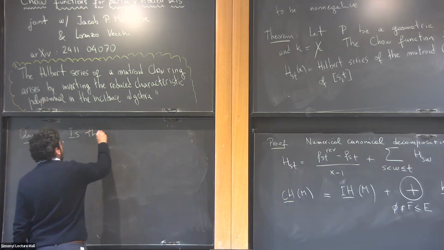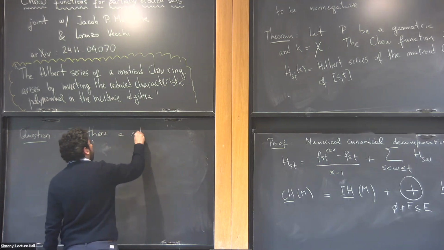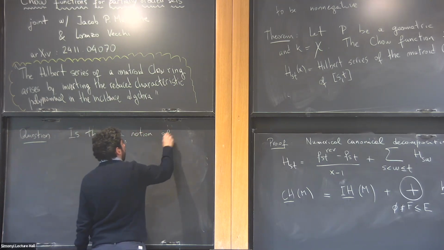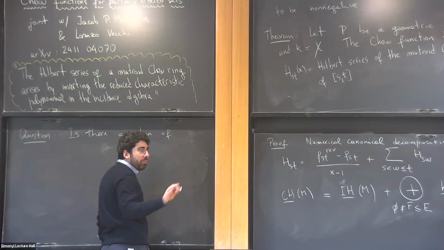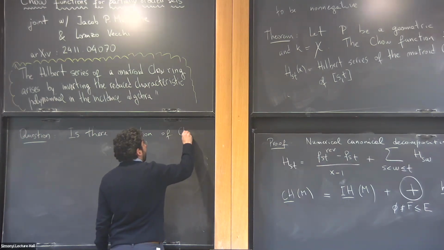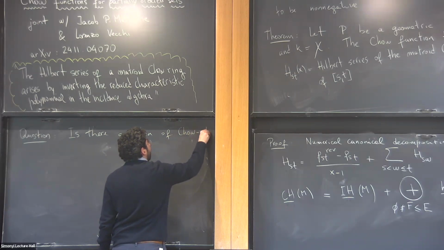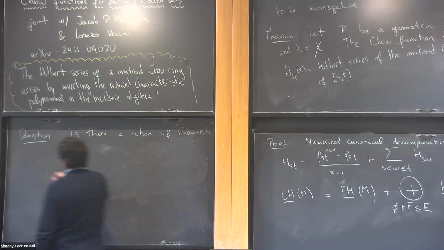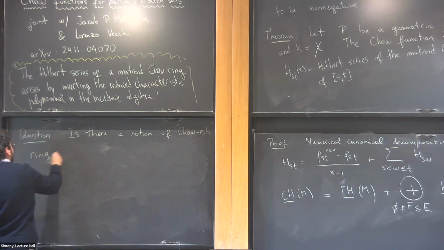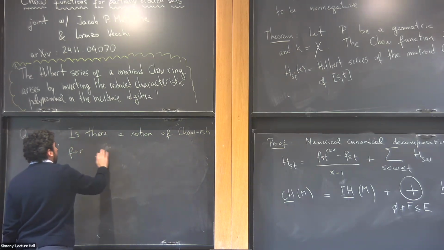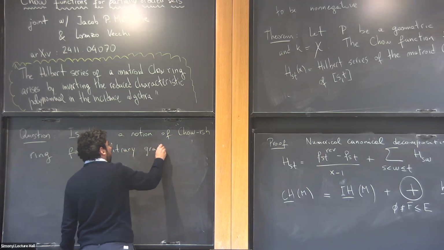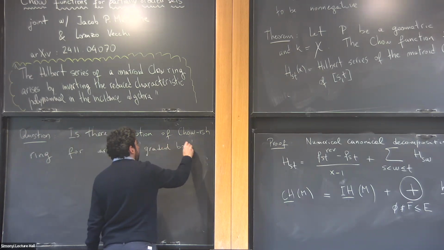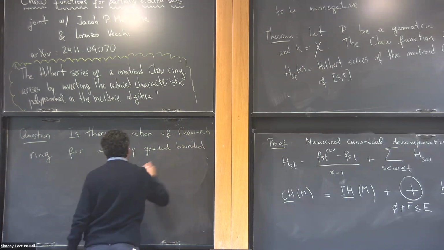Is there a notion of, let me use this term, Chowish ring for arbitrary graded bounded posets?